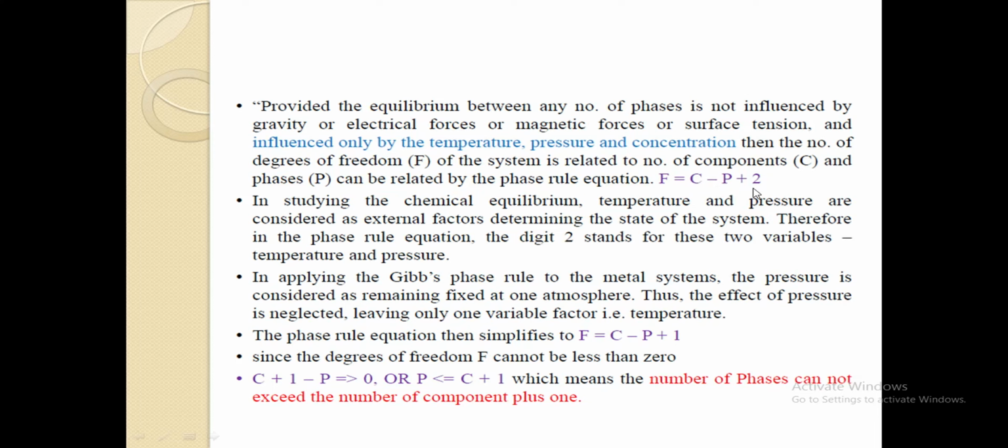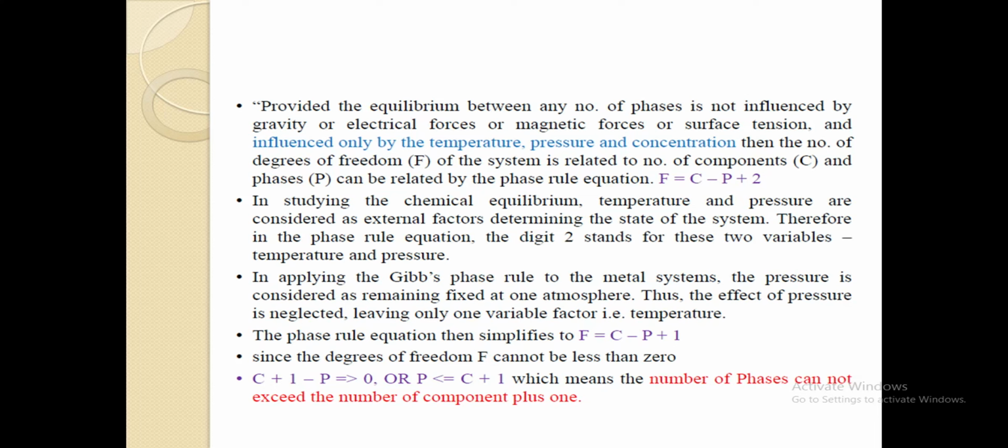In studying the chemical equilibrium, temperature and pressure are considered as external factors determining the state of the system. Therefore, in the phase rule equation, the digit 2 stands for these two variables, temperature and pressure.